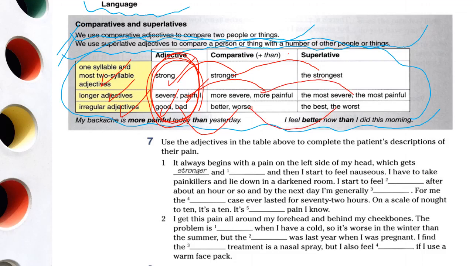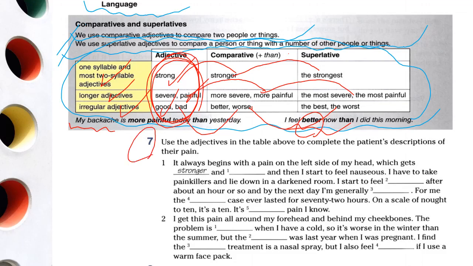Okay, so some examples are here. My backache is more painful today than yesterday. Can you see how painful is put in the comparative degree? More painful than. Okay, in the second example, we have I feel better now than I did this morning. So can you see better? Better also is in the comparative degree.